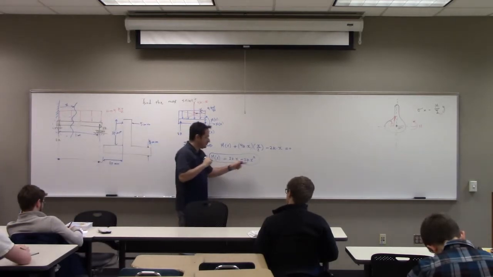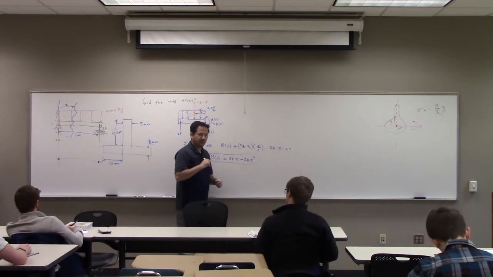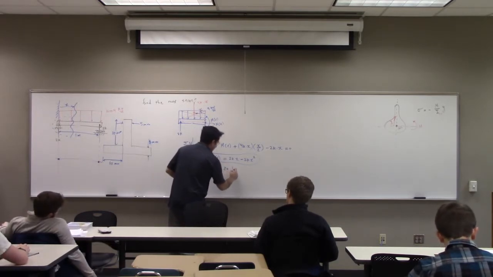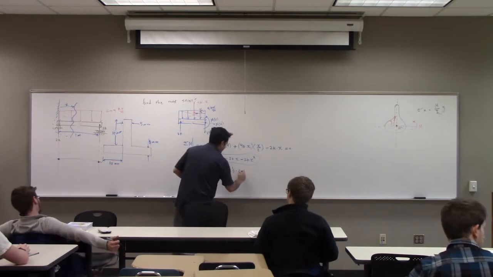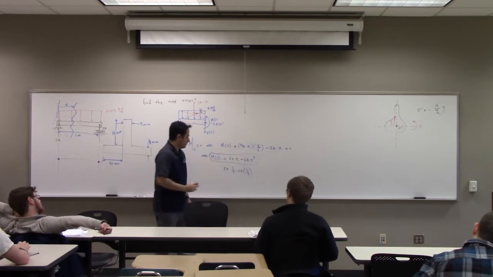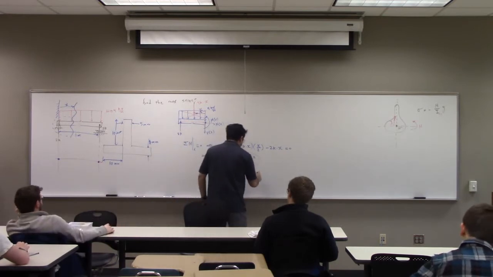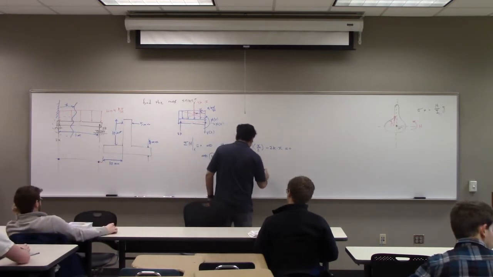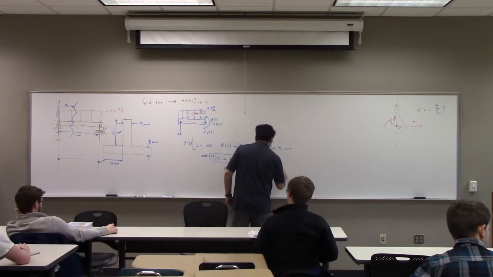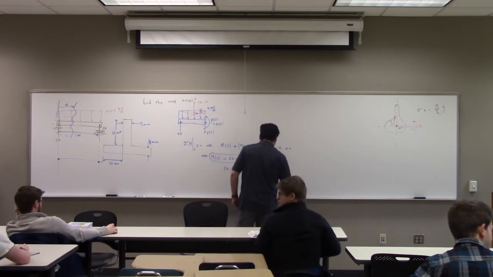Put x equal to half, so you get 2K times half, minus 2K times 1 over 4. Then you get 2K times half, minus 1K over 2.